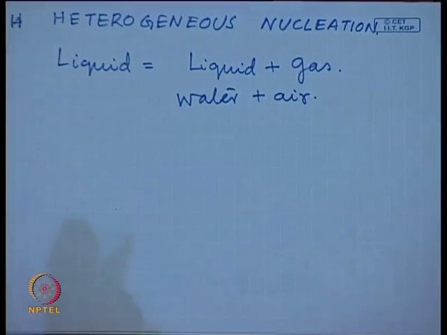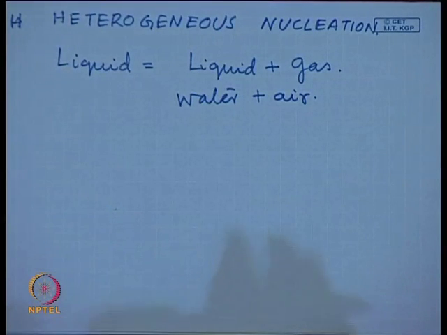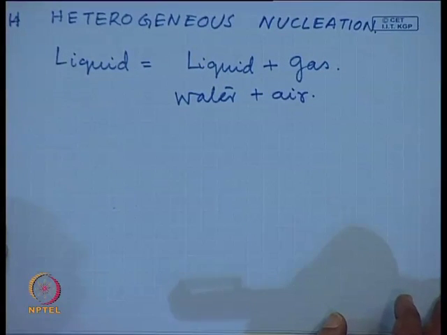This is a very common example, that we will have a mixture of water and air in our day to day experience or in any industrial system. So, if it is an air and water mixture, then all the equations which we have used earlier are to be modified. How are they to be modified?